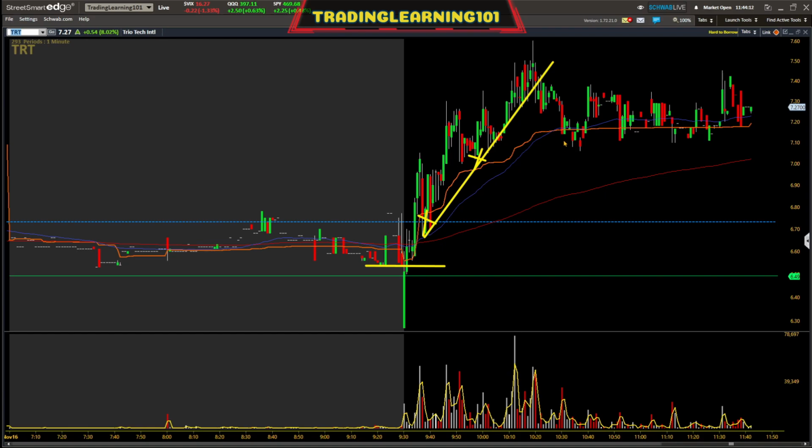This is the same example we were just looking at with MRAM. When a stock breaks a trend and starts to fall off, when it starts to bottom out, which it did here at around that $7.10, look at this up move right here, right back up to the area where it broke down from that trend. So keep an eye out for that.